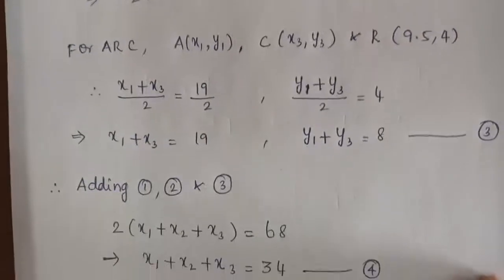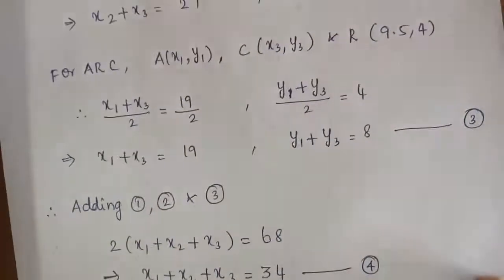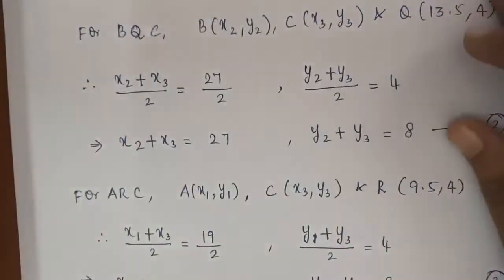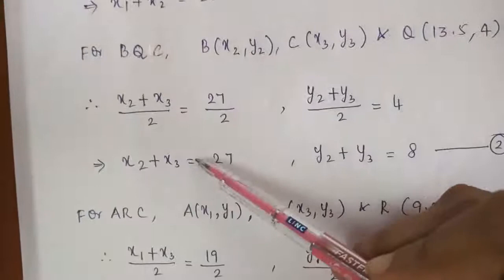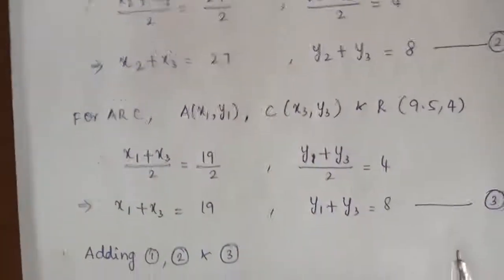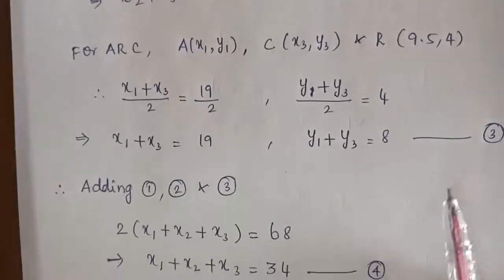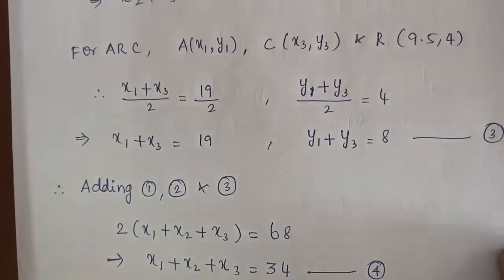So adding 1, 2 and 3, we get 2 times of x1 plus x2 plus x3, because here you have x1 plus x2 is equal to 22, x2 plus x3 is equal to 27, x1 plus x3 is equal to 19. So 2 times of (x1 plus x2 plus x3) is equal to 22 plus 27 plus 19, which is 68.